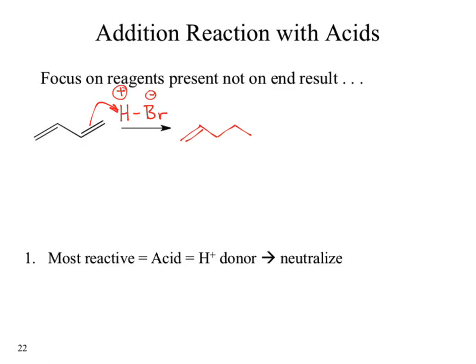Where would that hydrogen, I just drew too many carbons. Where would that hydrogen go? Okay. We're now sharing electrons from that pi bond with that hydrogen, which then means we're making a new bond between hydrogen and carbon. Which carbon of the pi bond? Internal, external.